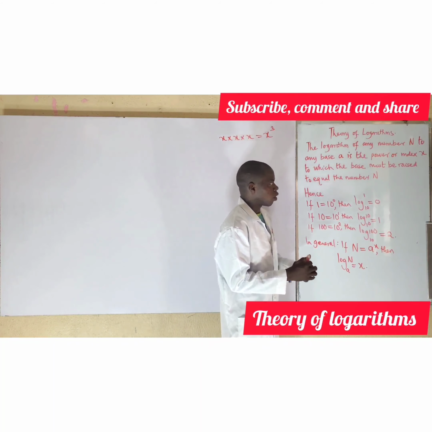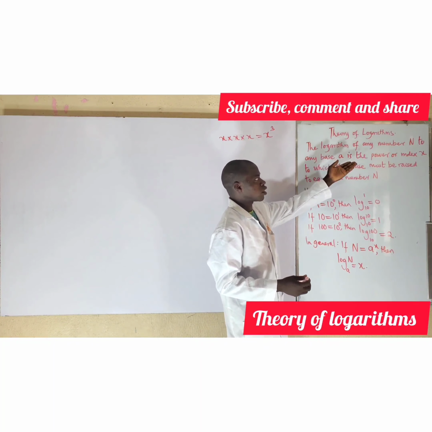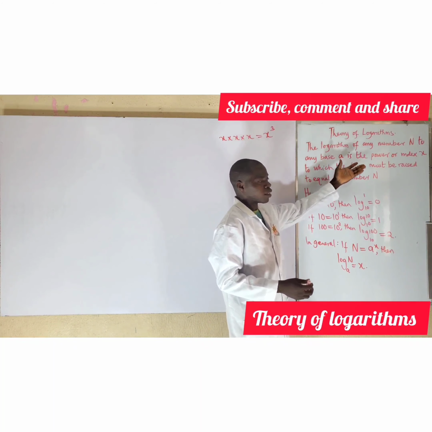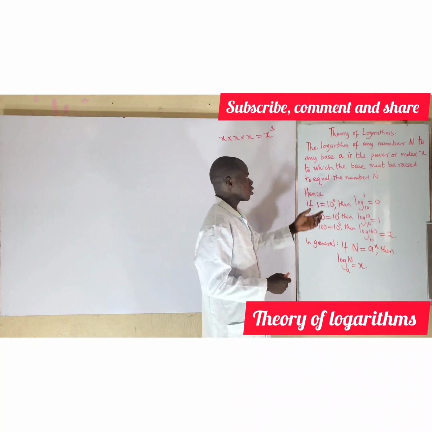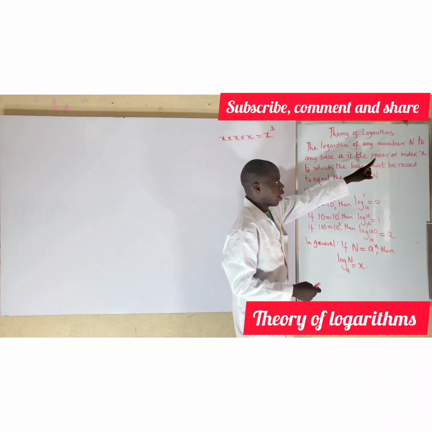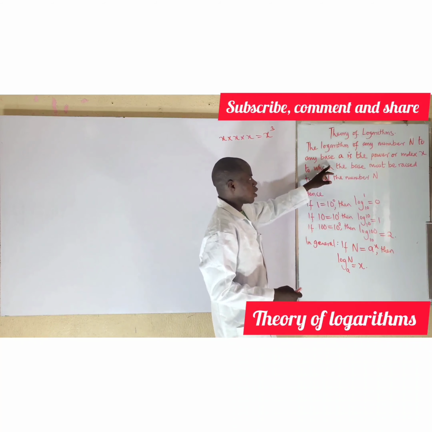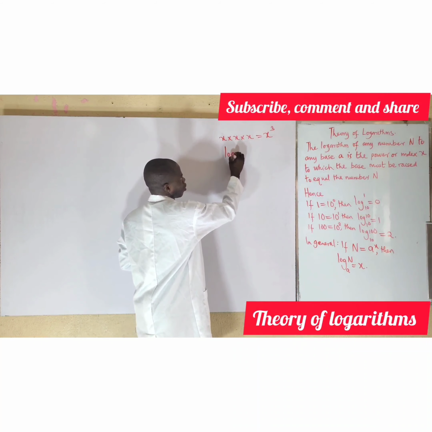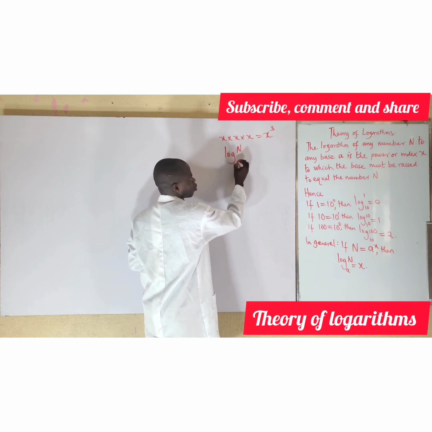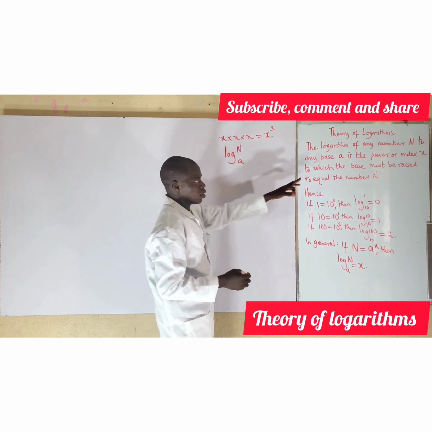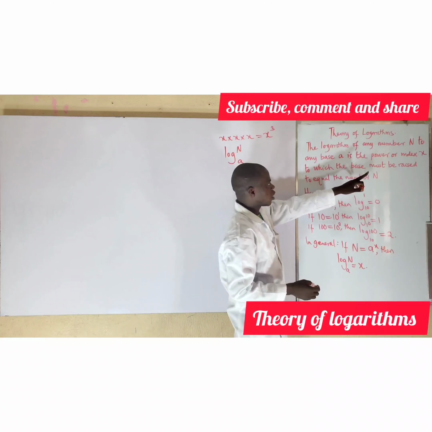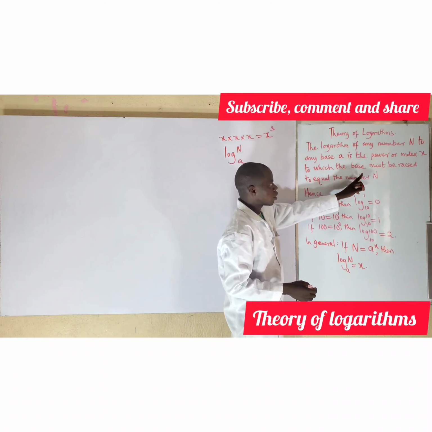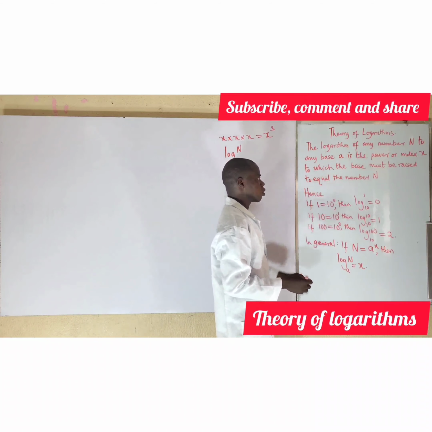But in the theory of logarithm, we want to look at the logarithm of a number in bases other than base 10. The logarithm of any number n to any base a is the power, or the index x, to which the base must be raised to be equal to the number.